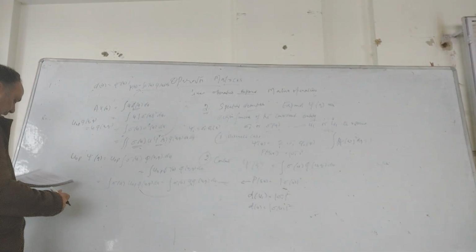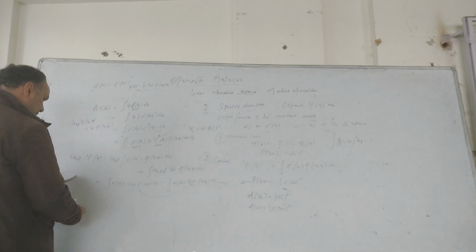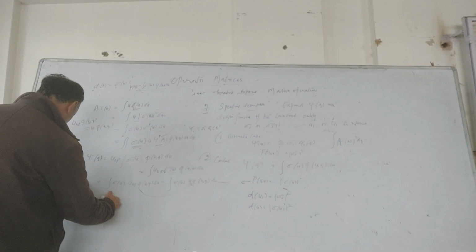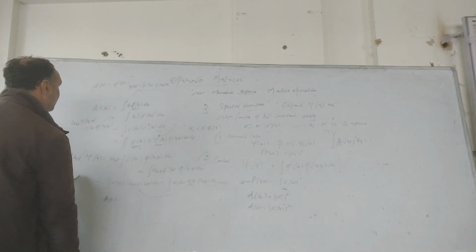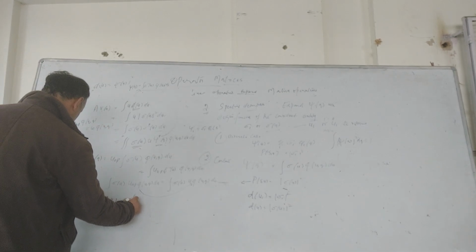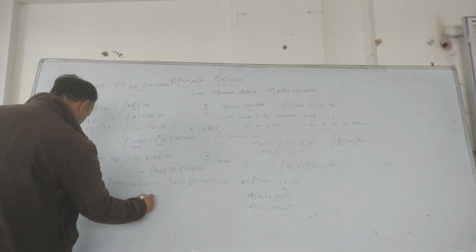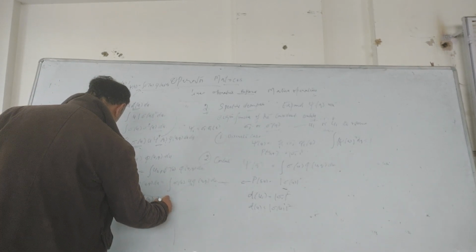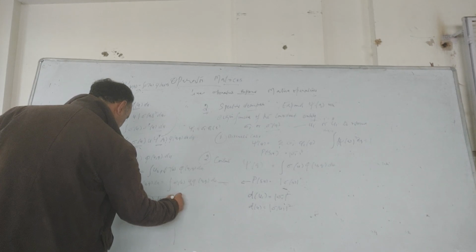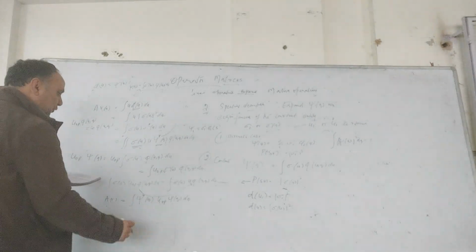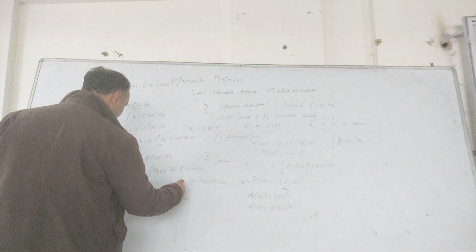At the end, we can write A of u, A of b, this one, as psi star u operator psi of u du, where psi of u can be written like this.